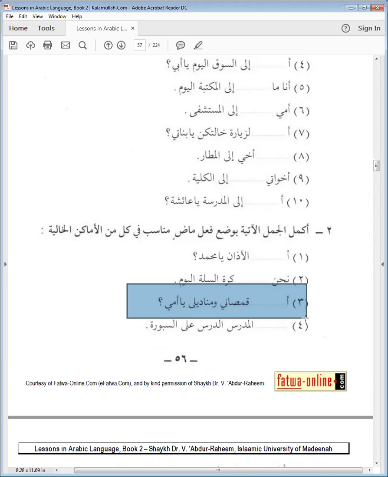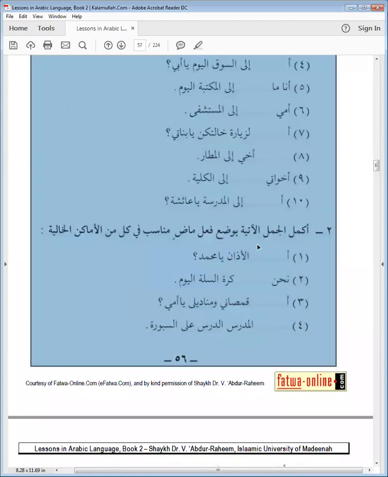You wash. Or if it's the iron, you say akawaiti qumsani wa manadili ya ummi. Right? Any problems with that? So it's just to come up with our own suitable verb, and apply the correct conjugation to the verb. All right, is that clear with everyone?